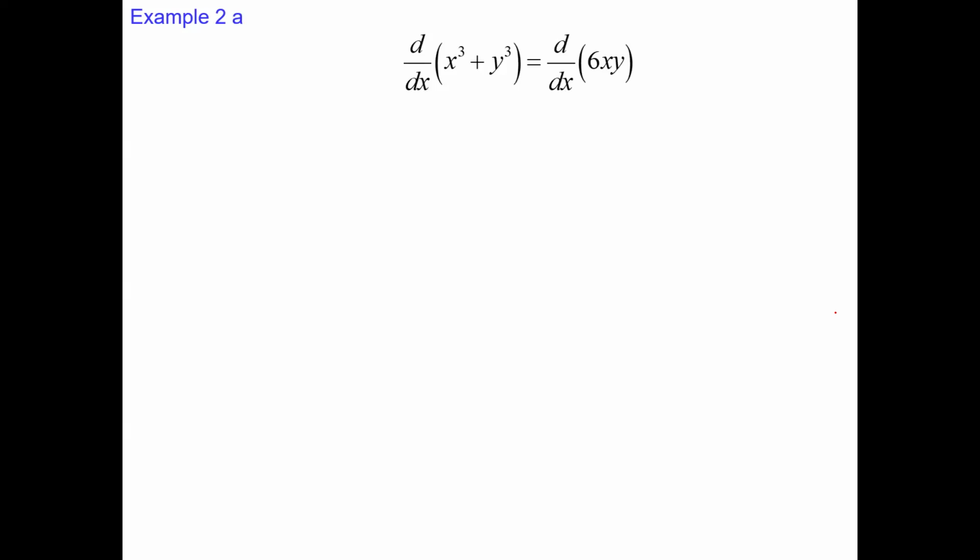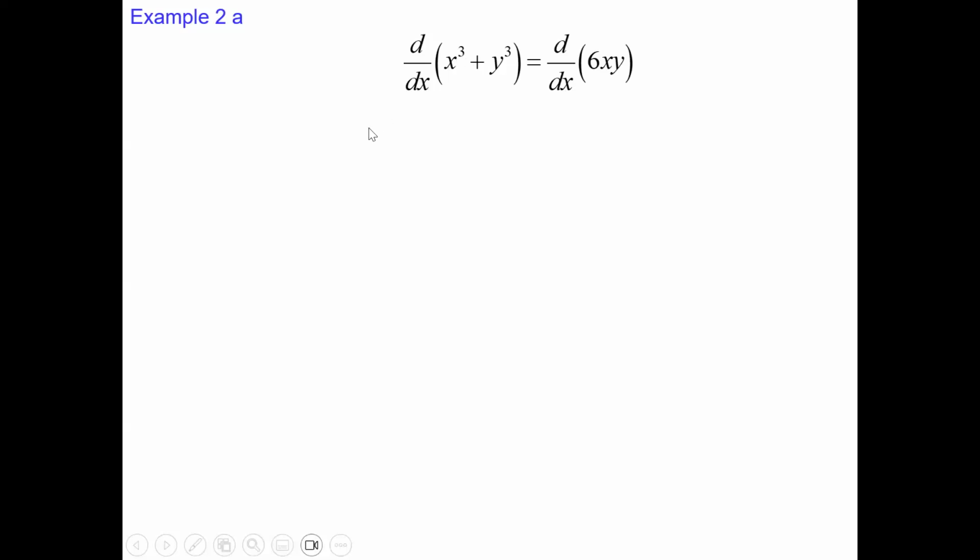That's part A. We're taking the equation and we will differentiate it with respect to x, both sides. No rewriting, so we have to be careful. Derivative of x cubed, you may say aloud, as always, even if you're rewatching this later.